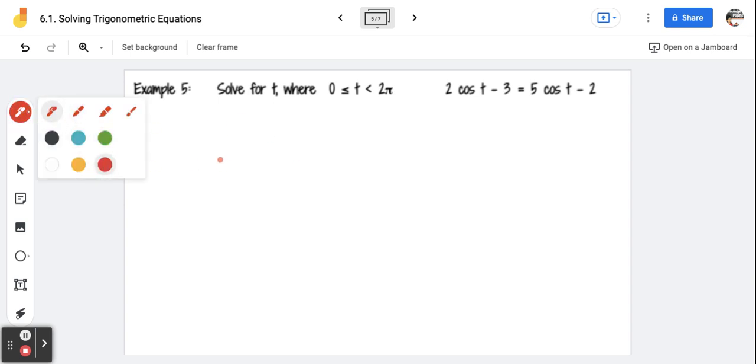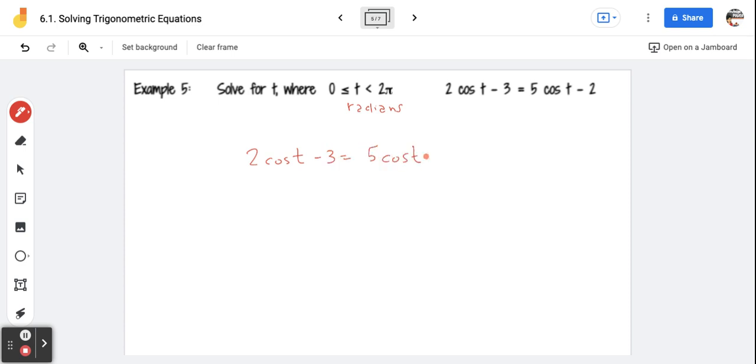Solve for t between 0 and 2 pi. So again, we're in radians. I know that because this is giving me the boundaries in radians. And I want to solve 2 cosine t minus 3 equals 5 cosine t minus 2.